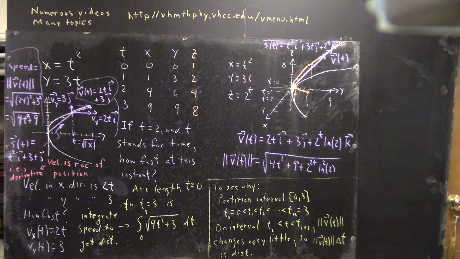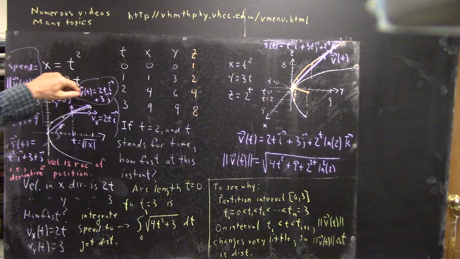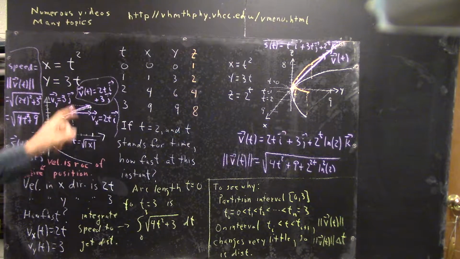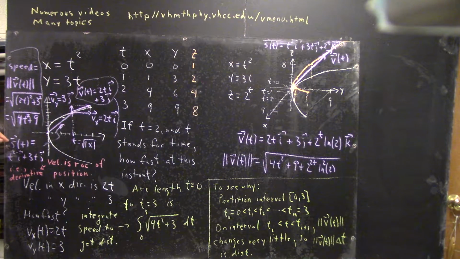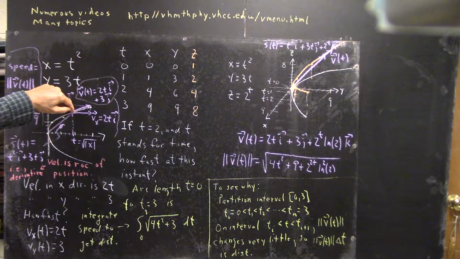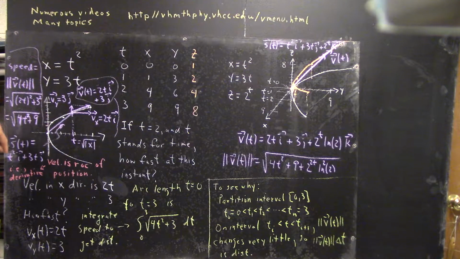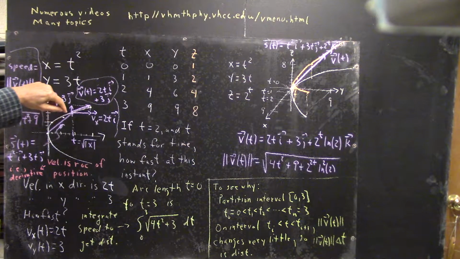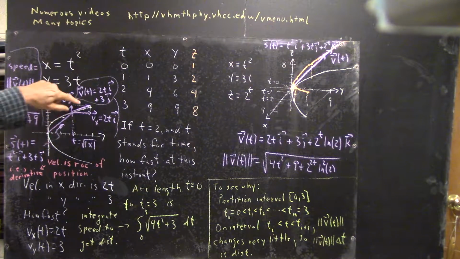We also mentioned the s of t vector. Okay, that's our position vector. Now, our velocity vector is sketched here with its x and y components. Our position vector just goes from the origin out to the point on the graph. So the position vector is just a vector from the origin to a point on our curve.